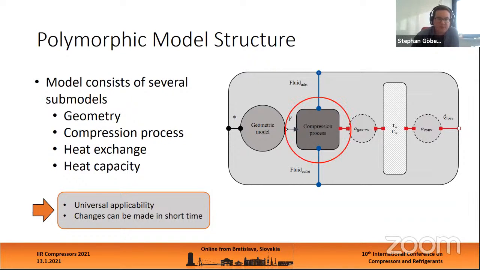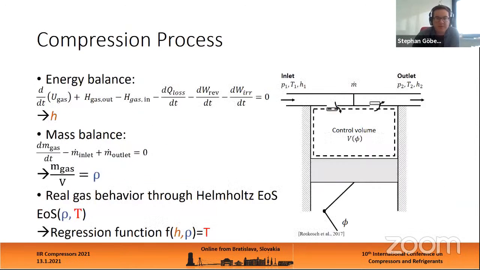Because we don't have so much time today, I would like to focus on the compression process because I guess for most of us it's the most interesting part. The compression process is actually described with only two main equations. On the right side, you can now see the control volume chosen for the energy and the mass balance.